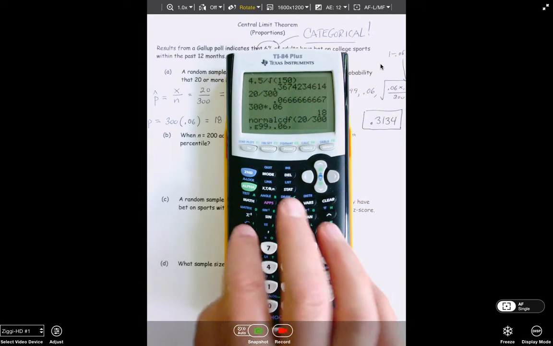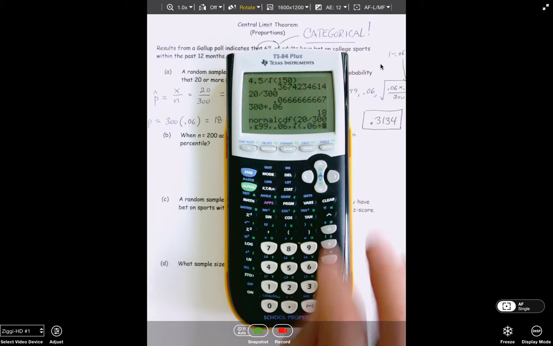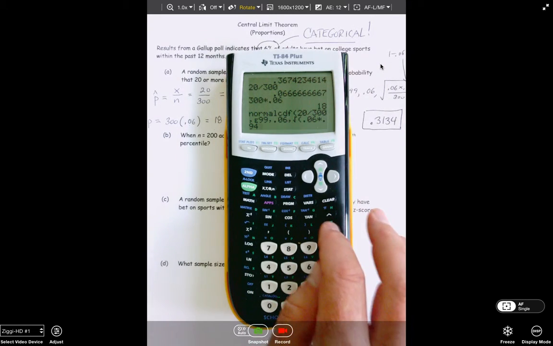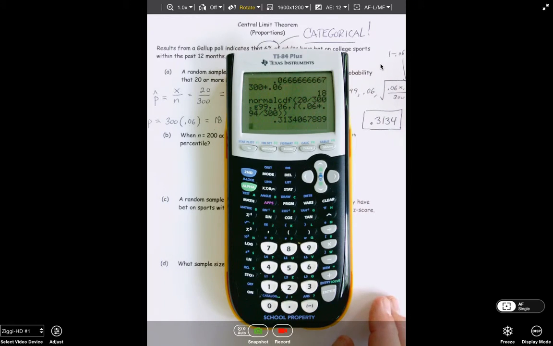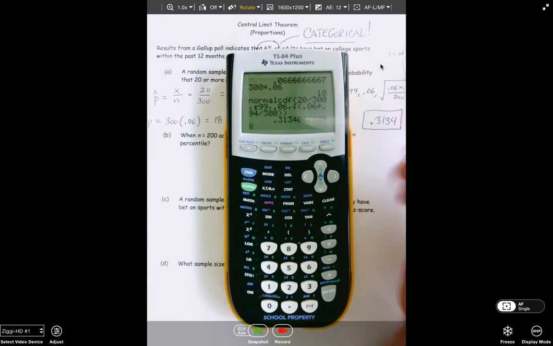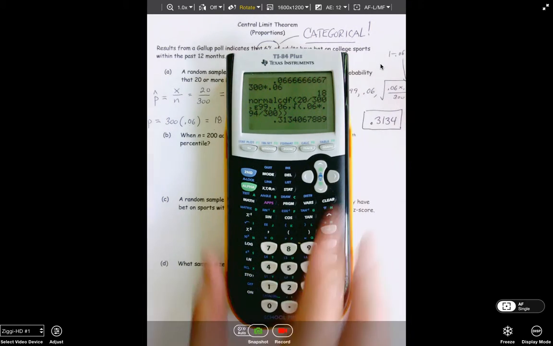And we need a standard deviation of the square root of 0.06 times 0.94 divided by 300. And you'll see we get the same number. It's critical here, again, that on this standard error you realize that everything has to go under the square root sign. So don't close that parentheses too soon. If you do, you're just going to get the wrong answer.